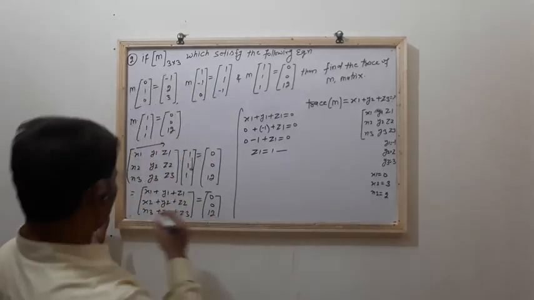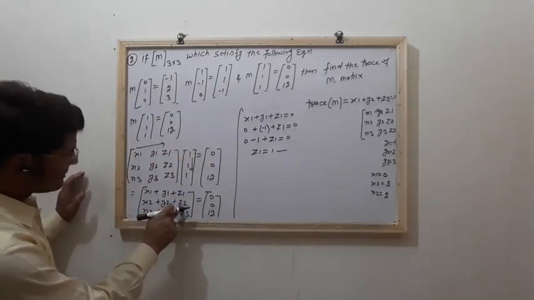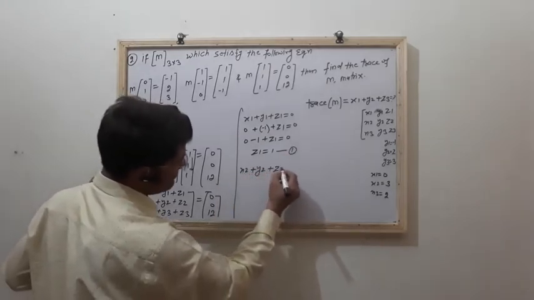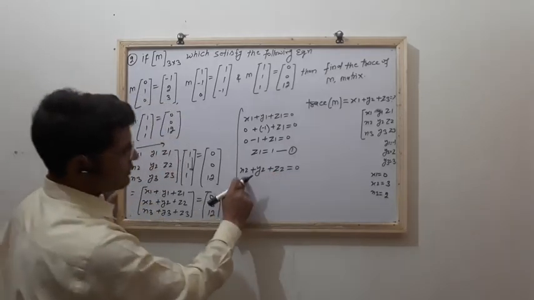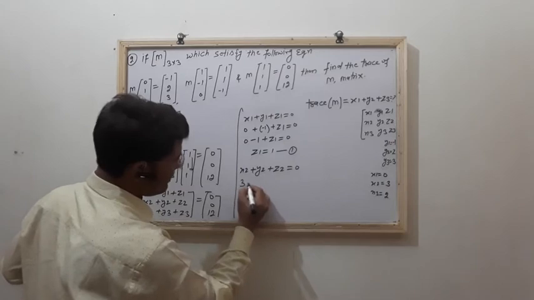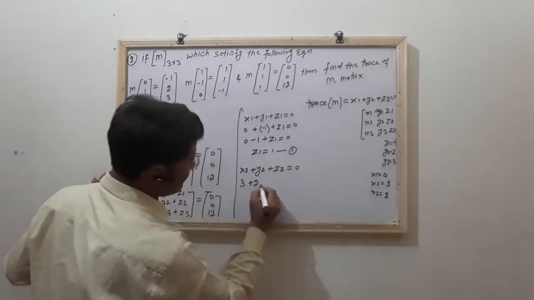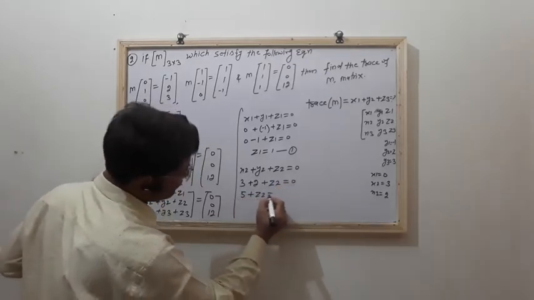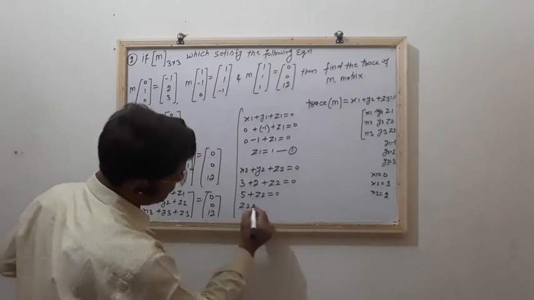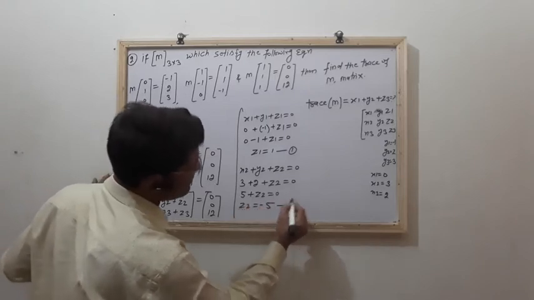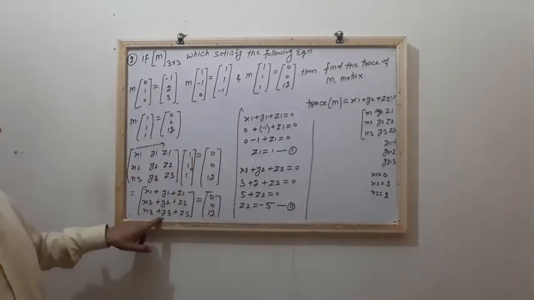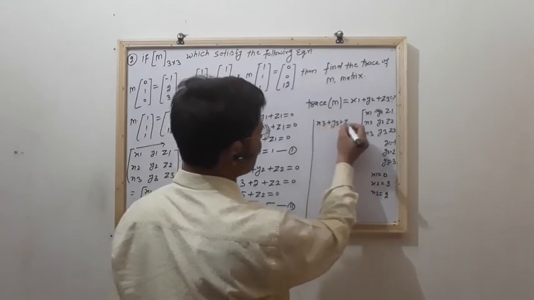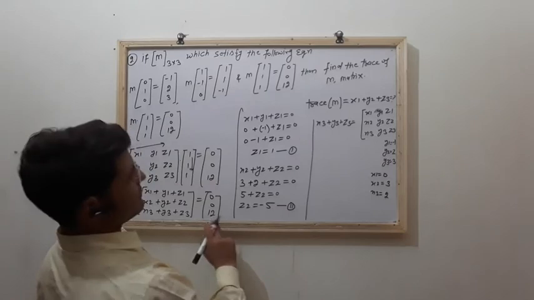Next, x2 plus y2 plus z2 is equal to 0, so that the value of x2 is equal to 3 plus the value of y2 is equal to 2 plus z2, 3 plus 2 is 5, 5 plus z2 is equal to 0, so that z2 is equal to minus 5. This is second. Similarly, x3 plus y3 plus z3 is equal to 12.